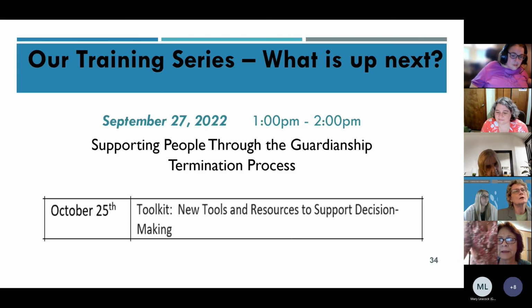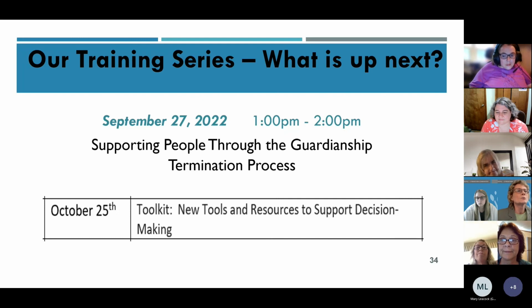We have 2 more sessions in our series. In September, we're going to be talking about supporting people through the guardianship termination process. Mary, over the last year or so, has been getting many calls from individuals asking, how do I get out of guardianship, or we don't think it's needed anymore, how do we go about doing that?